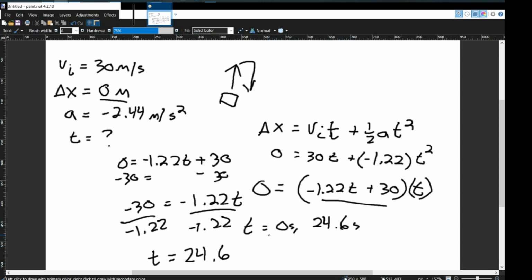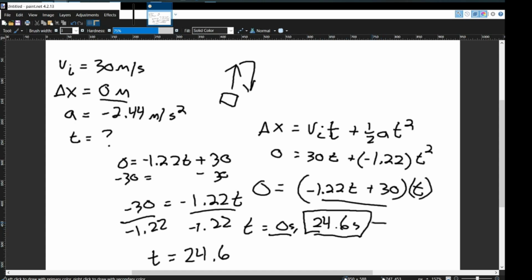So the car initially passes the police vehicle at 0 seconds, and this is when the police car actually catches up to it. That's the answer for part A, and that's how that works.